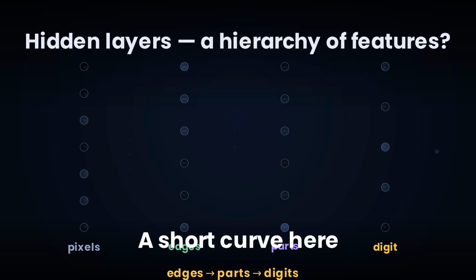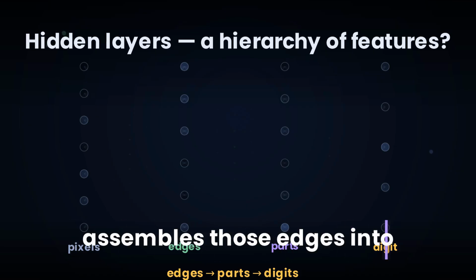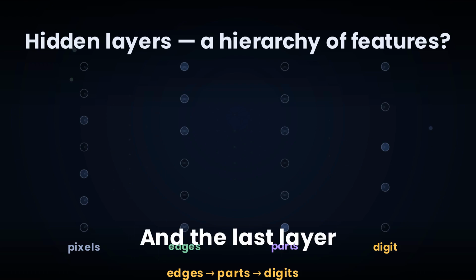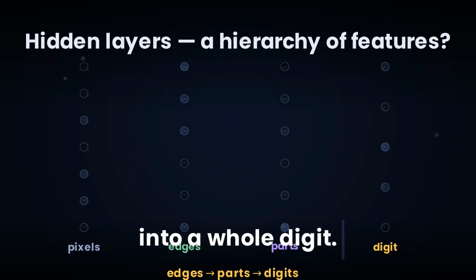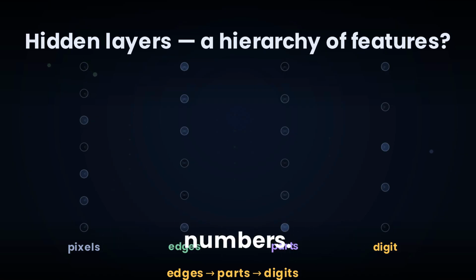A short curve here, a straight bit there. Maybe the next layer assembles those edges into pieces. A loop at the top. A vertical line. The fork of a 3. And the last layer puts the pieces together into a whole digit. Edges, into parts, into numbers.